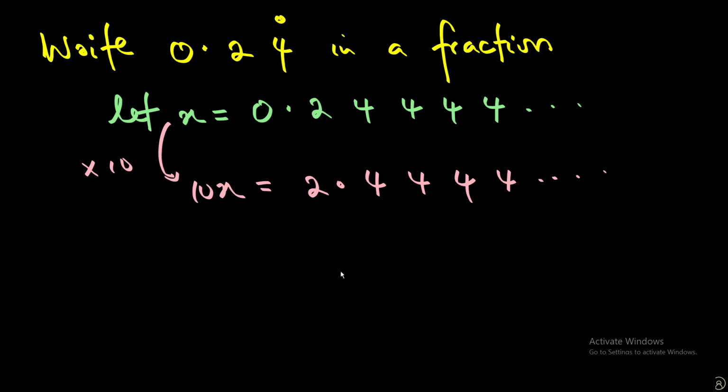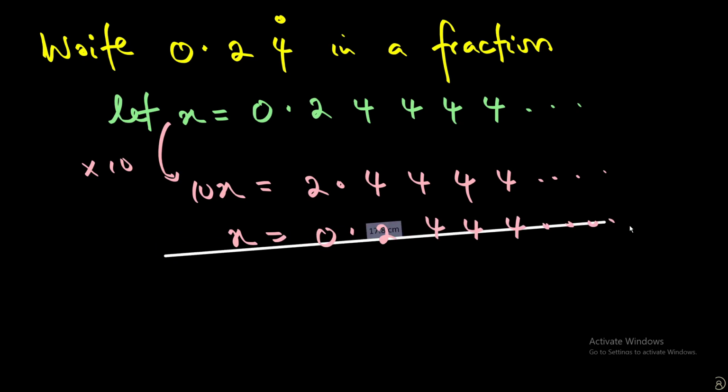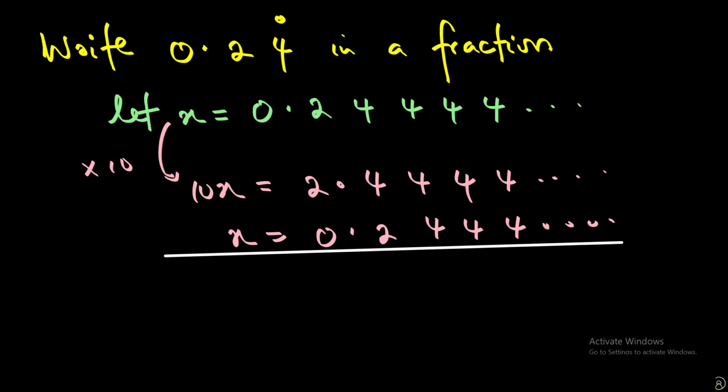2.4444 recurring. Now we want to do some subtraction, but to do that, I would like to bring the first equation down here. So x equals 0.2444 recurring. Now we subtract down the column. 10x minus 1x, that's 9x.